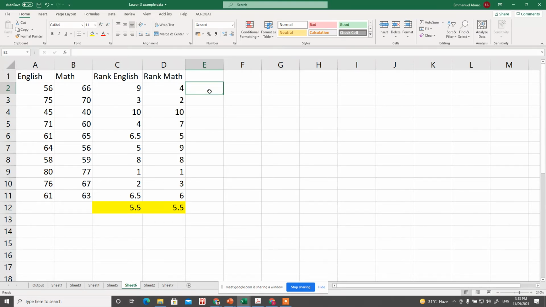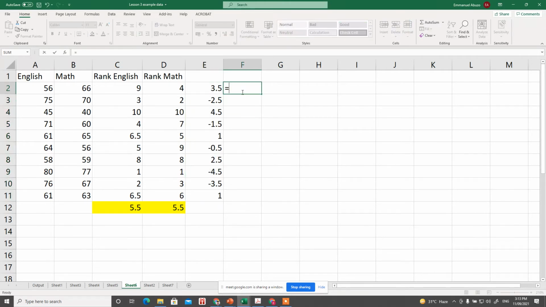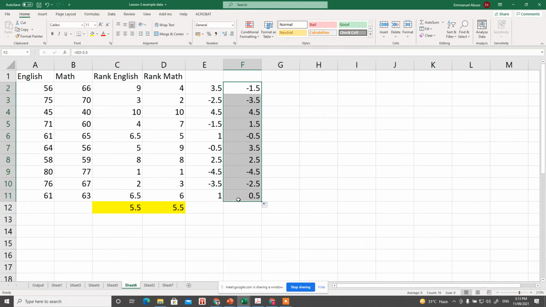So here we have 9 minus 5.5, and here again, the rank minus 5.5. And then we are going to get the sum.